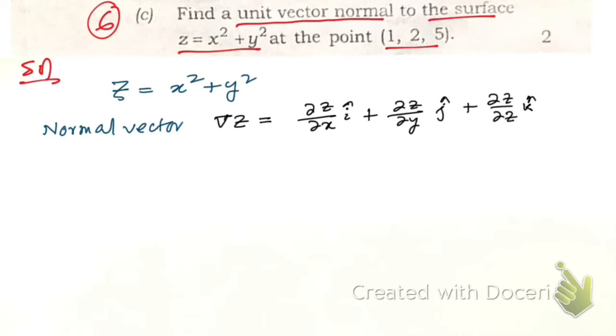If you differentiate z with respect to x, take y as a constant, then you will get only twice x i cap. Then if you differentiate z with respect to y, you will consider x as constant, then you will get twice y. And there is no z, so the last component will be 0.